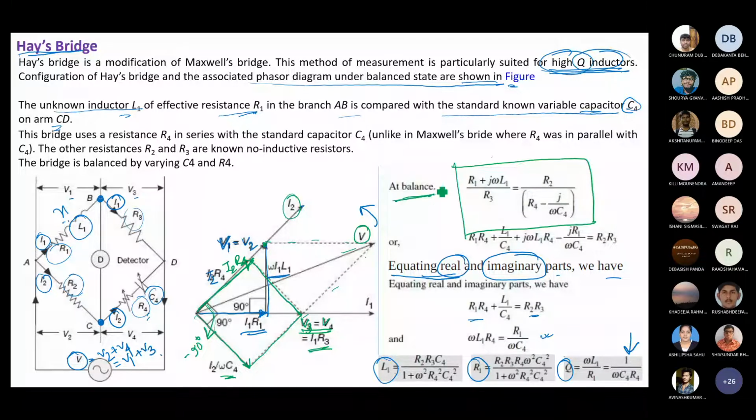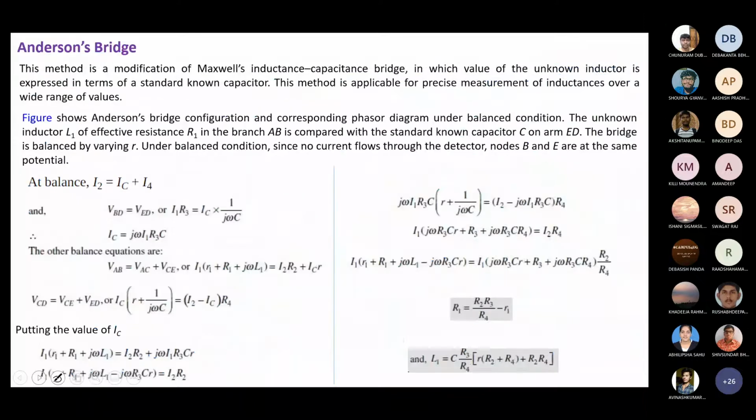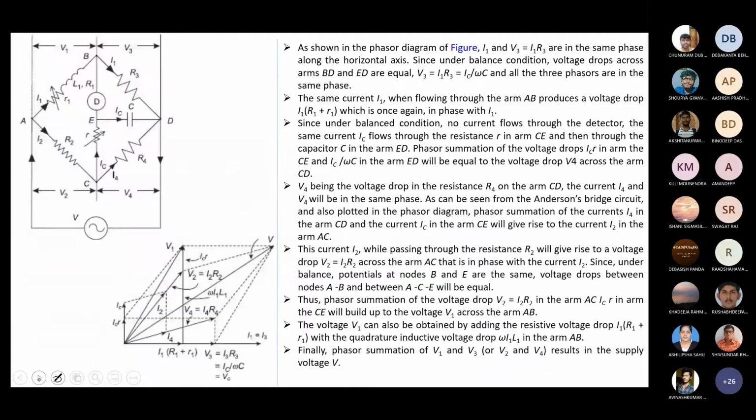So now we can go for the next bridge, that is called Anderson bridge. So if you see the structure of the Anderson bridge first. So structure of the Anderson bridge is that. You know that first term is unknown. That R1, L1, R1 is your unknown one, but this R1 is your known value.